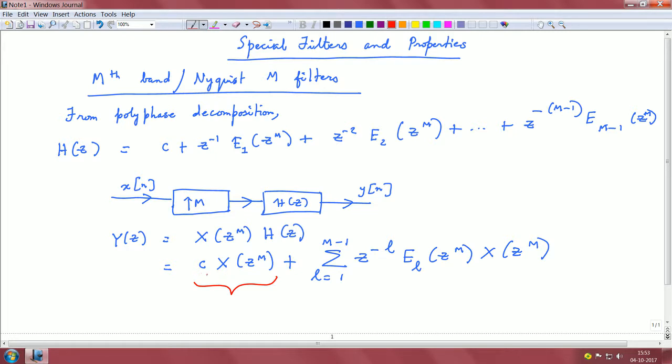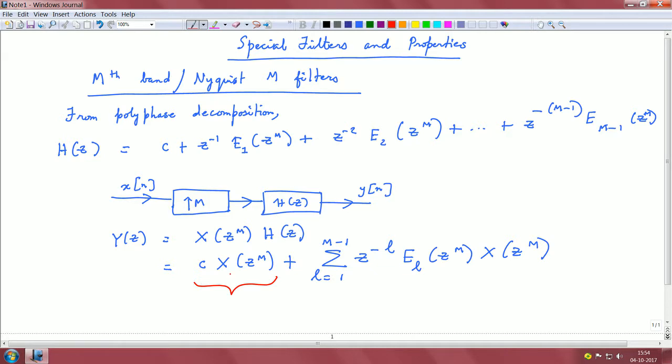There is a scalar, this is basically like a gain parameter. If you just ignore this gain, if you take x of n and upsample, you get this component x of z power M. If you downsample this signal, then you will get x of n back.